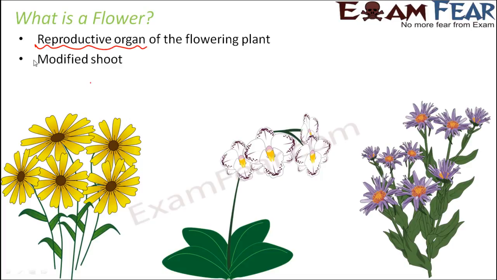Like how leaves get modified to form spines in case of cactus, similarly flower is a modification of the shoot. If you see, this is the stem of the plant, the entire shoot system, and this shoot itself gets modified to form a flower. So flower is a modified shoot. This is very important to remember and note.